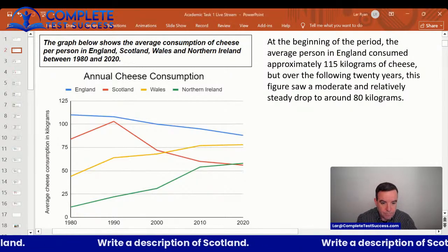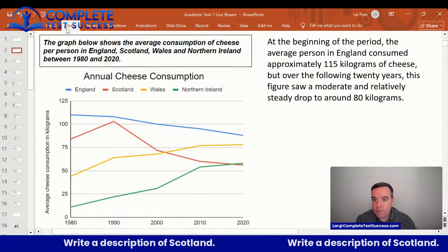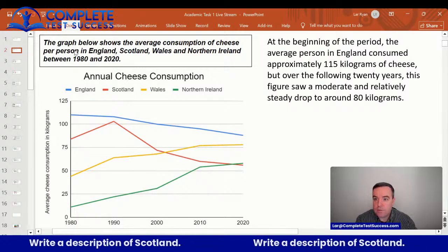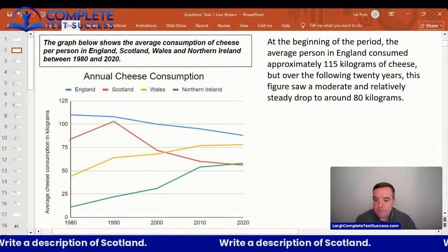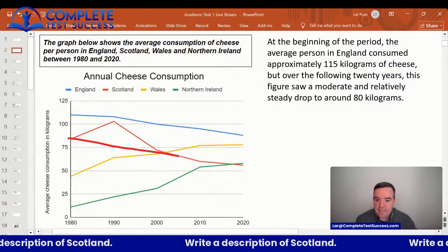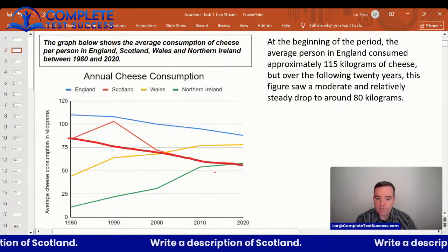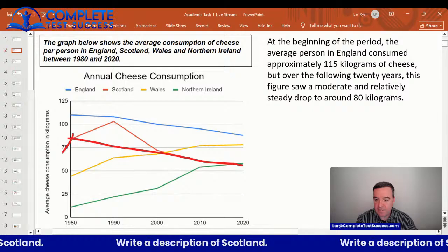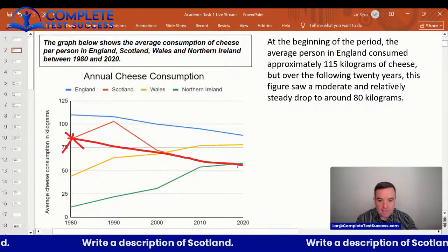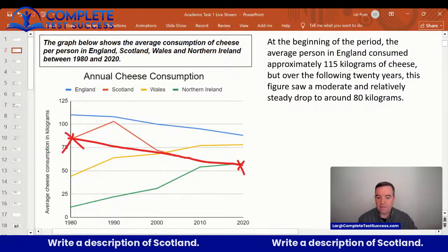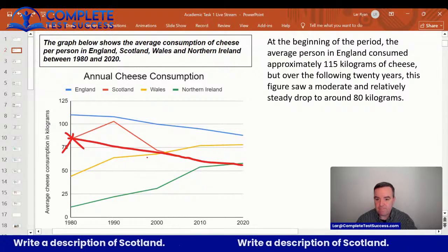Like, let me see, how do I, like if we just mentioned the first and the last point for red, the reader would think that that's what it looked like. So if we only mention 1980 and 1990, that's what the reader would imagine.